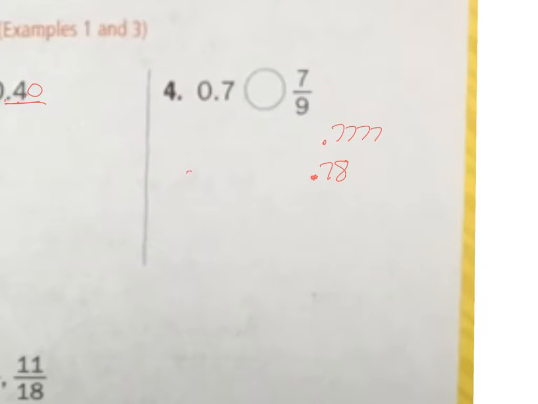And then this is 0.7. I'm going to put a 0 on the end because I can. It doesn't matter. It doesn't change it at all. Now, I have 70 cents here and I have 78 cents here. Which one is more? 78 cents. So 0.7 is less than 7/9. Not by much, but it is.